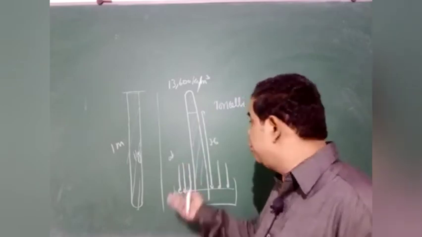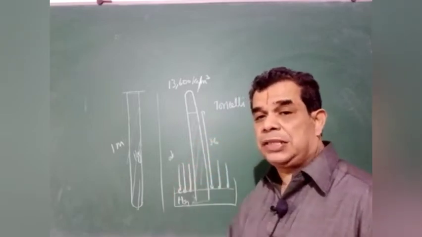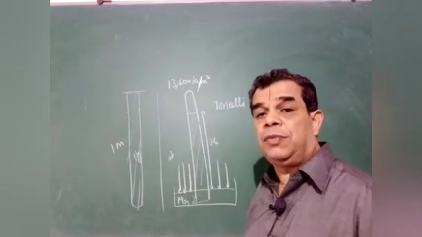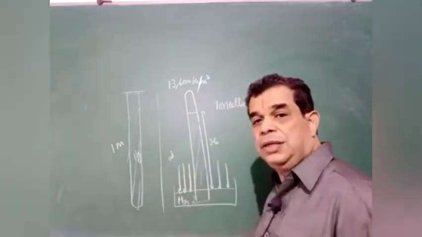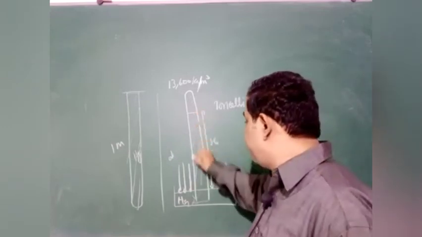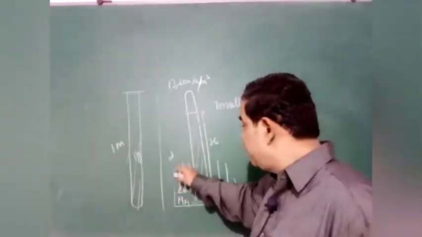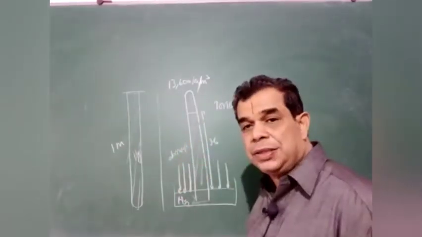In that, you take 1.013 × 10^5 Pascal or 76 centimeters of mercury column. What does that 76 centimeter mercury column mean? This is the one. That means this much weight is balanced by the atmosphere surrounding us.